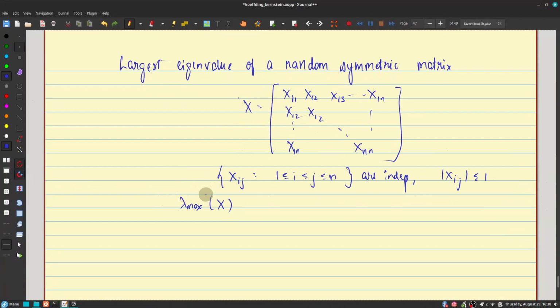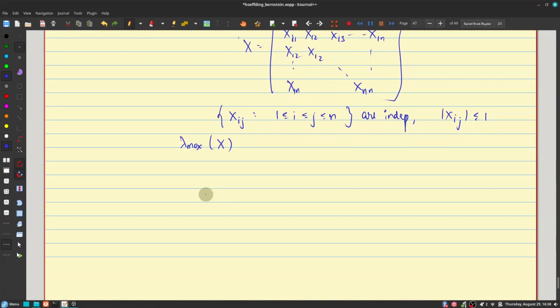So minus n is an eigenvalue of that matrix, but 0 is the largest eigenvalue. Anyway, we know that it can vary a lot. It can grow with n. The largest eigenvalue can essentially grow with n. But we'll see a surprising upper bound on the variance of any such matrix.